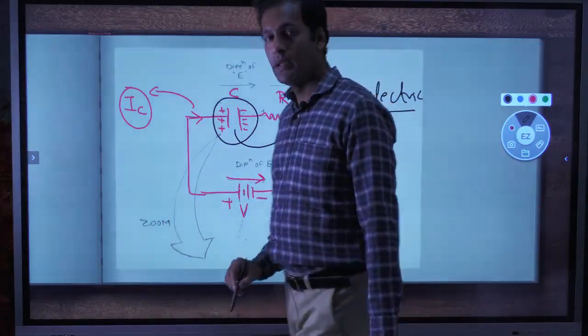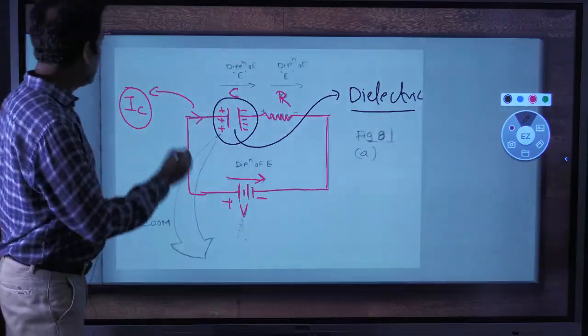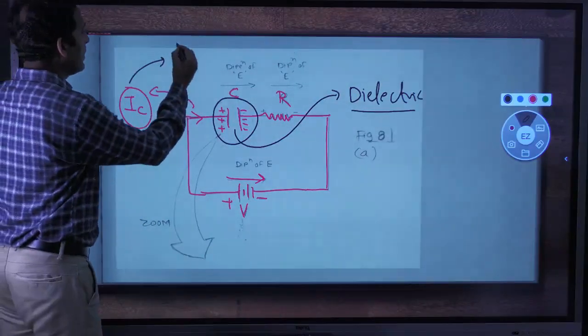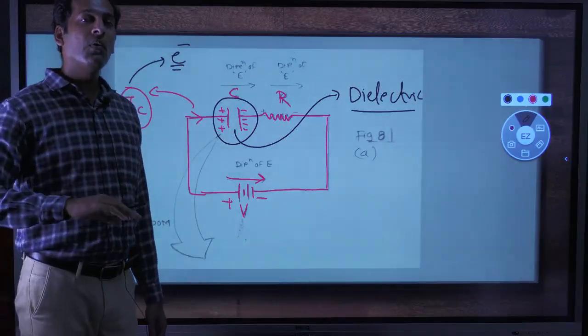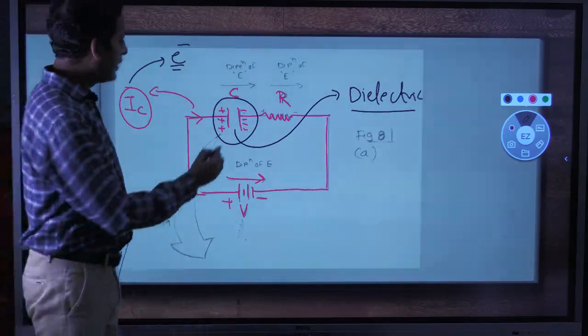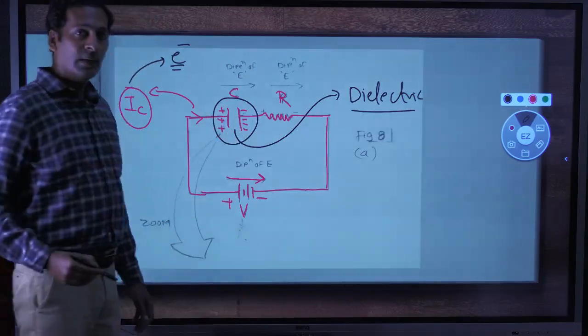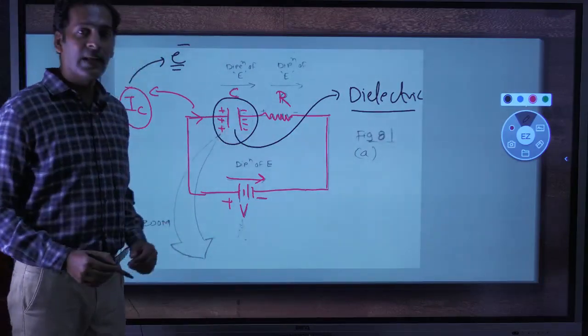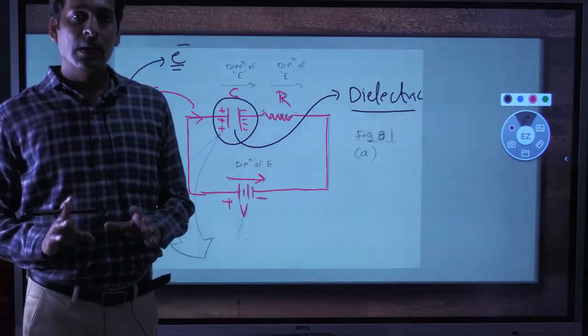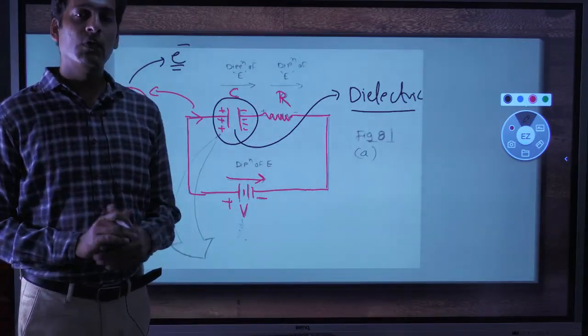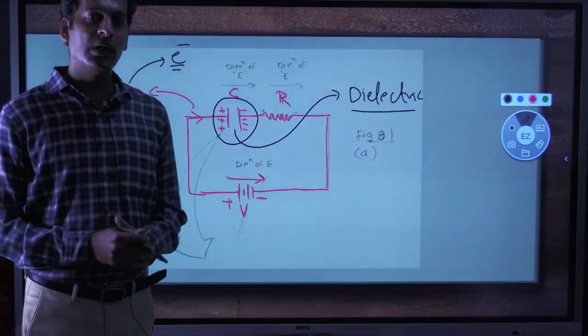Current means there is movement of electrons. Electrons have mass. They can flow inside a conductor, but they cannot fly in the air or inside the dielectric. Dielectric means there is no conduction.